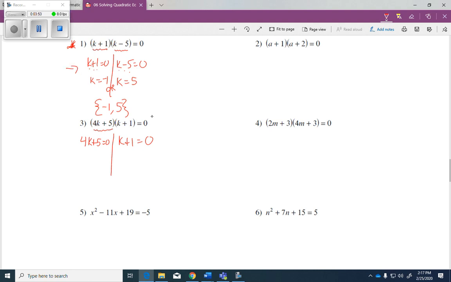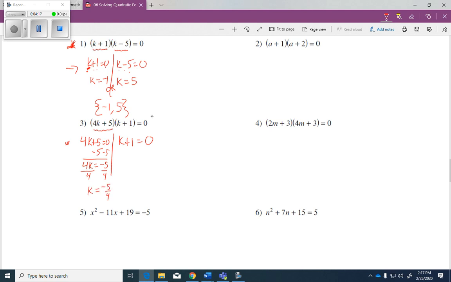If k plus 1 was 0, I was easily able to figure out that k had to be a -1. Maybe down here you want to do a little bit of algebraic work. Maybe you want to subtract 5 from both sides and get 4k equals -5, and then divide both sides by 4. And you can see that k equals -5/4.